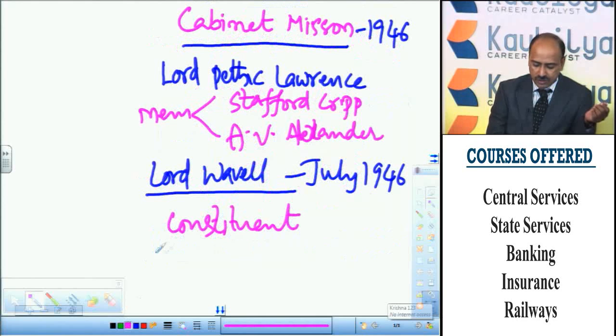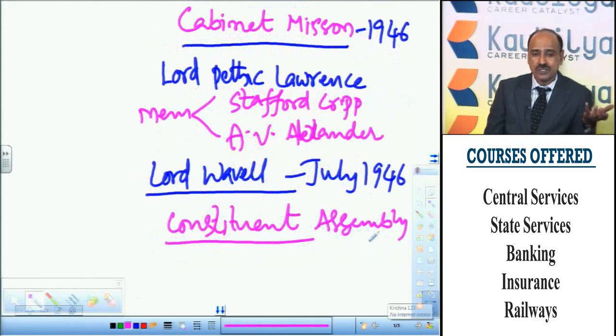Our constitution was developed through the Constituent Assembly. Who made our constitution? The Constituent Assembly, but indirectly made by the people of India. The Constituent Assembly's role is the main important role in the making of our constitution. It was established in July 1946 by Lord Wavell.